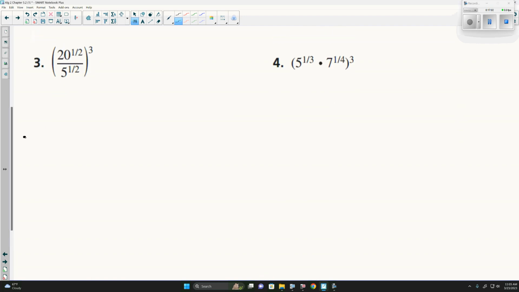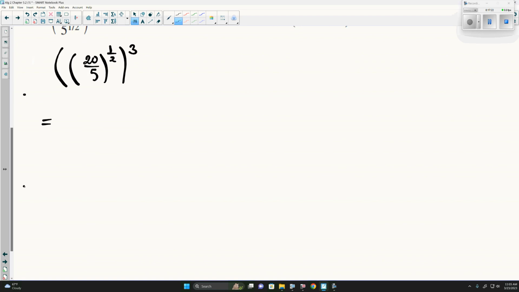So we have 20 to the 1/2 divided by 5 to the 1/2, all to the third. Do 20 and 5 divide evenly? So we have 20 over 5, which does indeed reduce to 4.